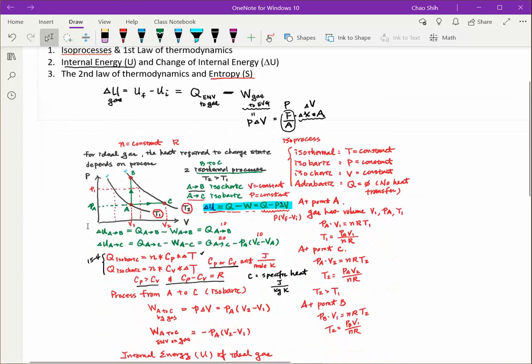So let's use this PV diagram to explain. Over here, this represents the PV diagram where the x-axis represents volume and the y-axis represents pressure. As we said, the state of the gas is determined by the state variables. We have pressure, we have volume, we also have temperature.